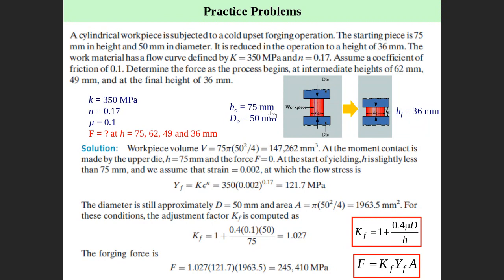Because this one starts at 75 to 36, passing through several stages, 62, 49, and finally 36. So we need to obtain the force at height 62, height 49, and height 36. And also 75. I start first with 62 and come back again later to 75.